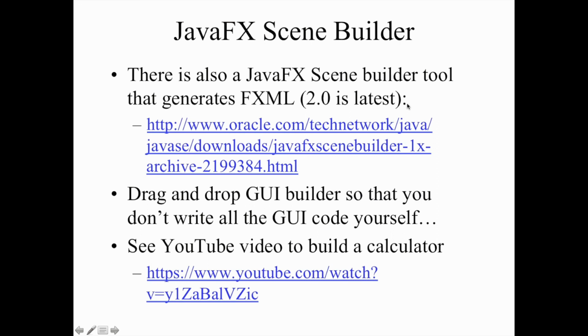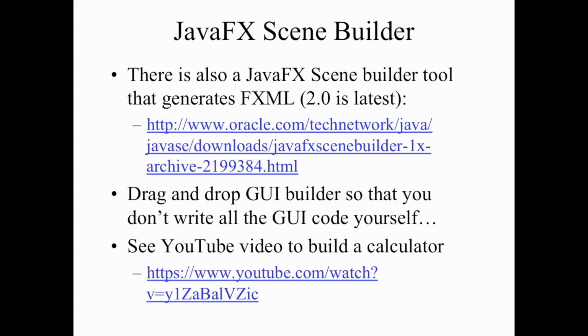Version 2 is the latest, and there's this Scene Builder tool that allows you to drag and drop and create the user interfaces, which will then generate the FXML, which in turn will then be used to generate code, or be interpreted at runtime. We will actually write the code that creates the user interface directly.